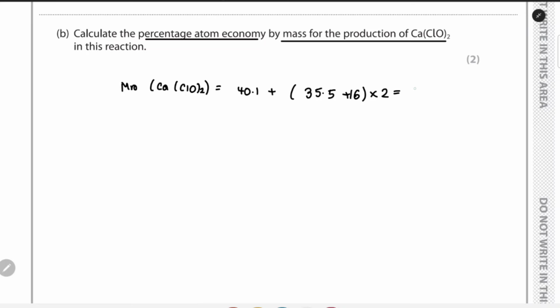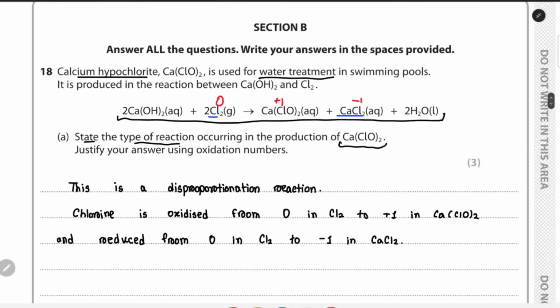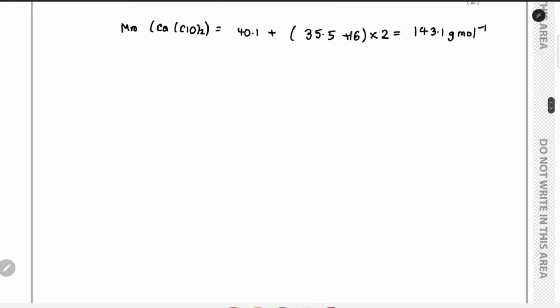We get 143.1 grams per mole. This is the total Mr of calcium hypochlorite. The other products of this reaction are calcium chloride and water, and we have 2 moles of water, so we have to multiply the molar mass of water by 2.